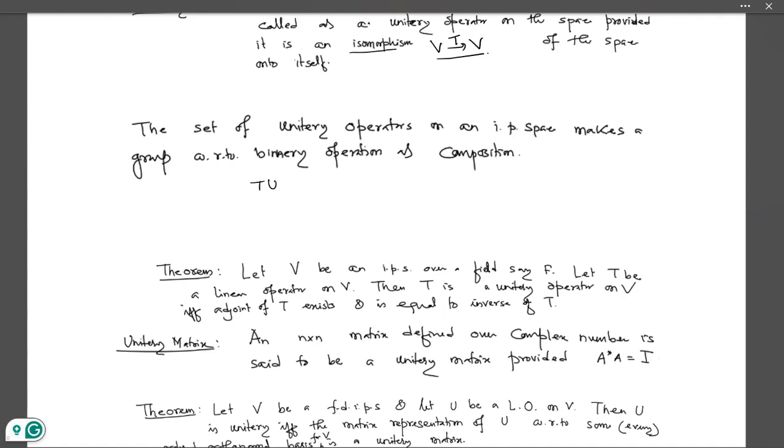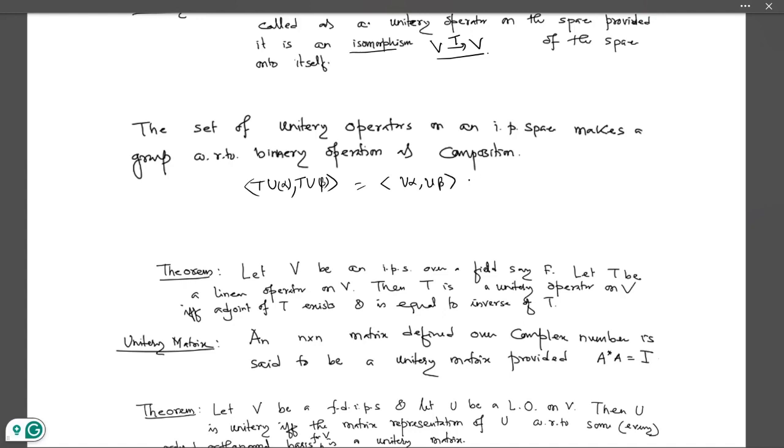So if you have TU, the composition of U and T, take TU alpha, TU beta. Now you want to check TU preserves inner product structure. Because T preserves inner product structure, this will be the same as U alpha, U beta.